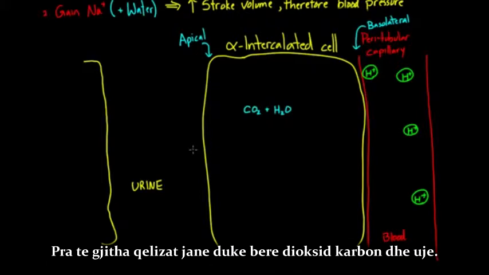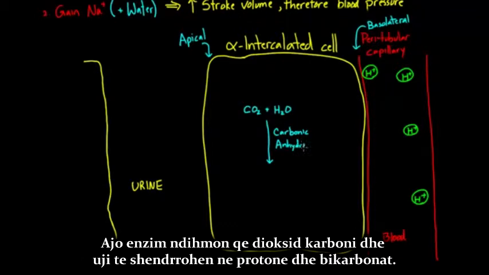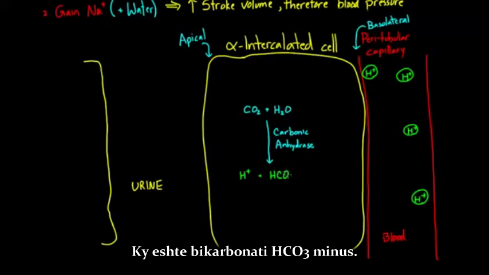When these molecules within the cell meet up, there's an enzyme in the alpha intercalated cell called carbonic anhydrase. What this does is help the carbon dioxide and water form into protons and bicarb. So this is bicarbonate, HCO3-.